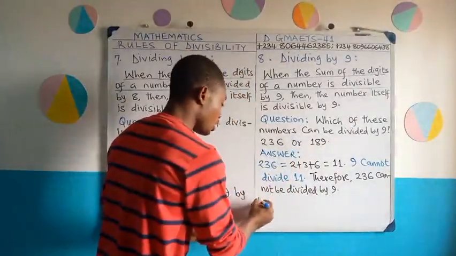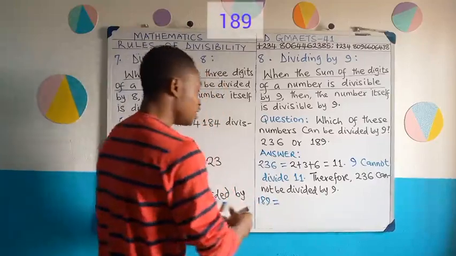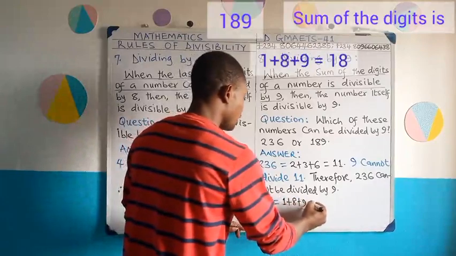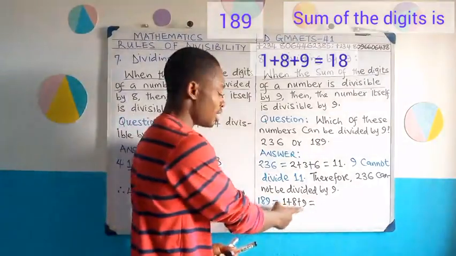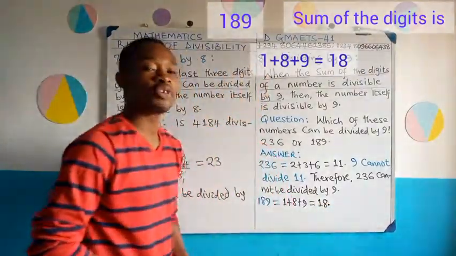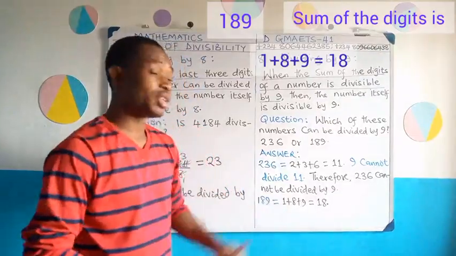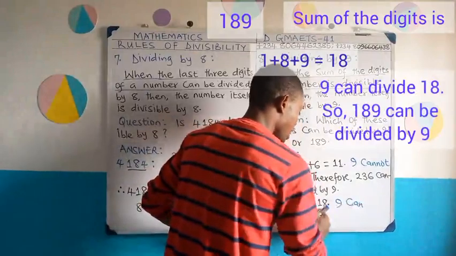We go to the second one. Let's find out. 189. We will add the digits there. 1 plus 8 plus 9. If you add this, what will you get? 1 plus 8 is 9. 9 plus 9 is 18. Alright, 18. Now, if you go to the 9 times table, you will notice that 9 times 2 will give you 18. So it means that 9 can divide 18.